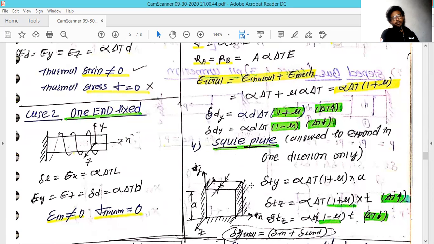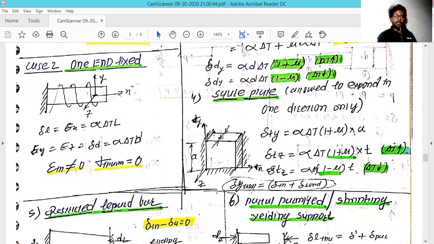Now we move to the fourth section, which is a square cross section that has a side A, and the width of this cross section is T. It is placed in the coordinate system with the x direction, y direction, and z direction, as shown in the PPT.